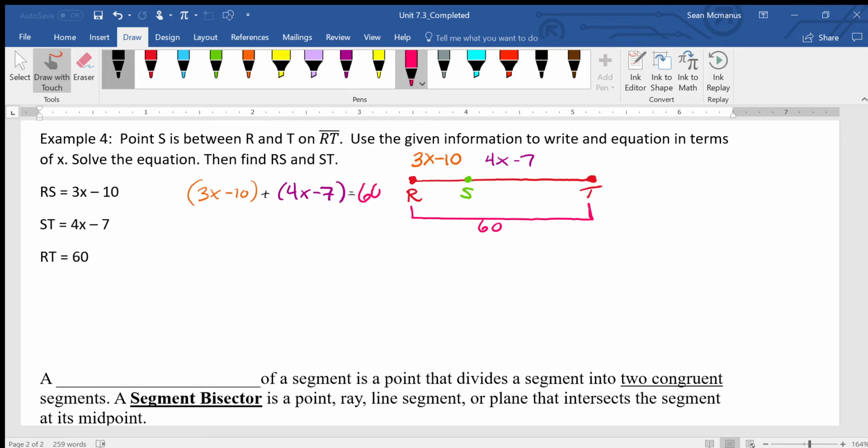So now I need to combine my like terms. I have terms that have an x, and then I have some constants here, so I need to gather those together. So 3x plus 4x is 7x. Negative 10 and negative 7 is negative 17 equals 60.